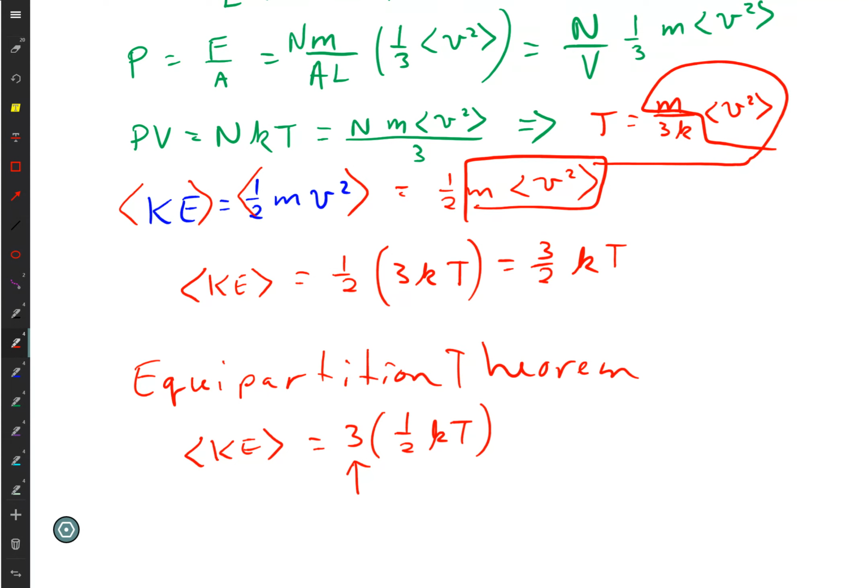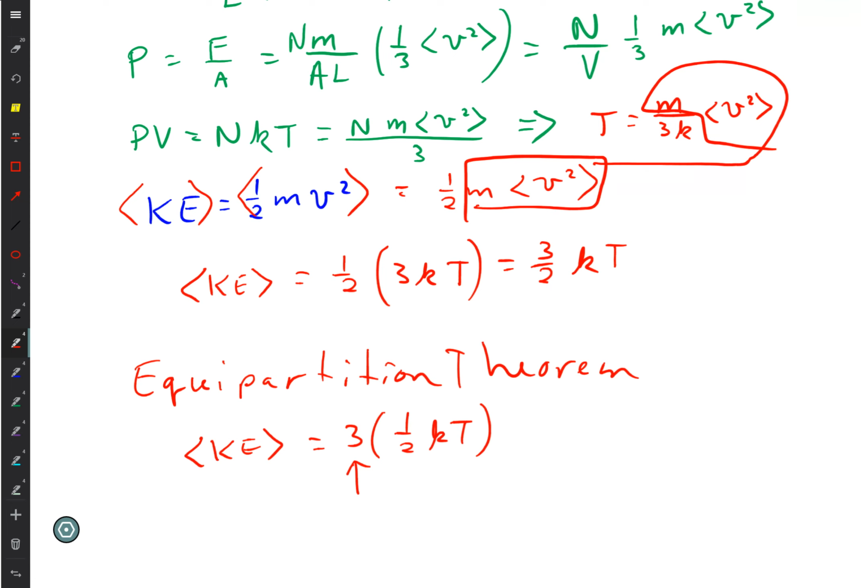One from them behaving like a spring with energy stored in the spring, and one from the actual kinetic energy of their motion. So with the diatomic molecule, you have 2 additional degrees of freedom, 2 additional ways it can store energy because of vibration. But it turns out the temperature has to be reasonably high for it to actually be able to vibrate. And so at low temperatures, you'll still have 3/2 kT.